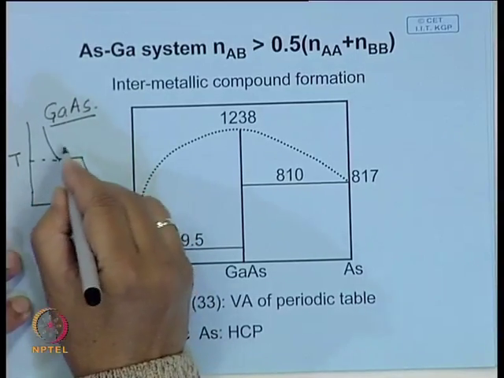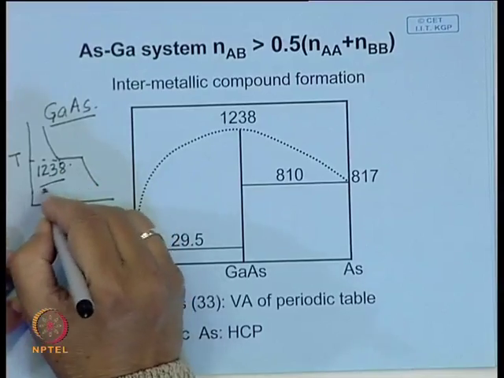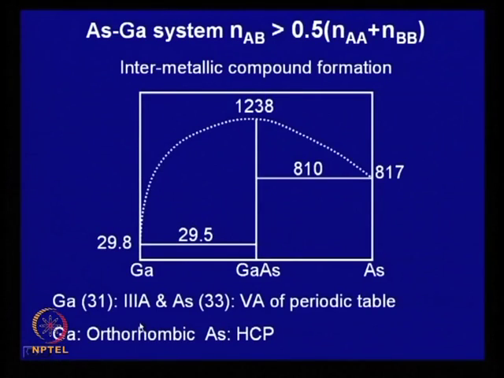So, this temperature is 1238. It will appear as if its melting behavior is exactly similar to that of a pure metal, and the crystal structures are listed here.